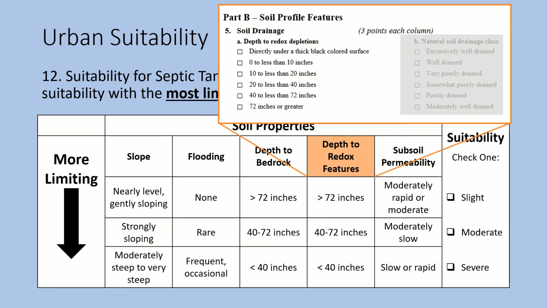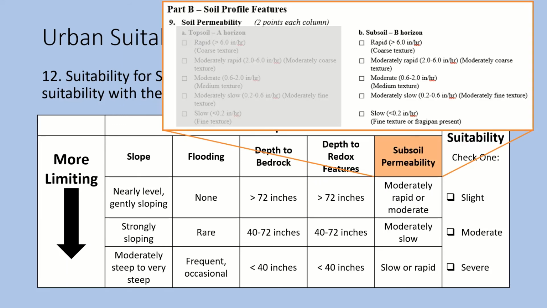Redox feature, so we're looking at the drainage class, how close to the surface the seasonally high water table is. And then subsoil permeability, that's how quickly water moves through the soil. So that's question 9 in B. How quickly does water move through the subsoil? And as it moves more slowly, that becomes a greater limitation for your septic tank.